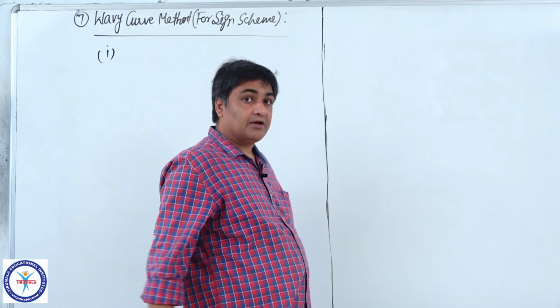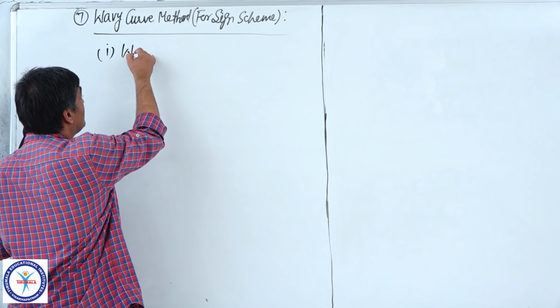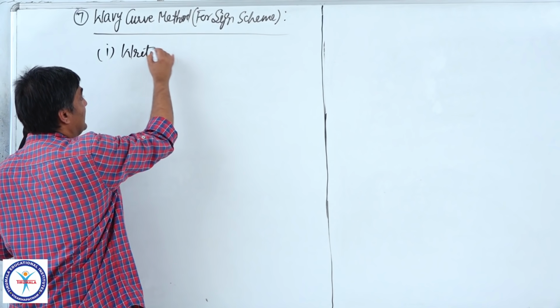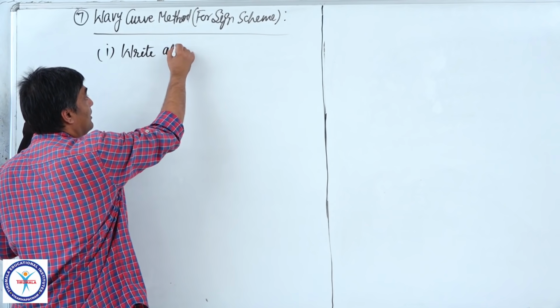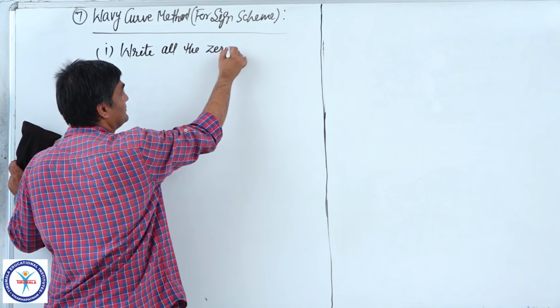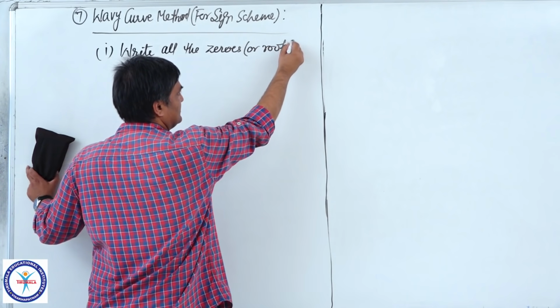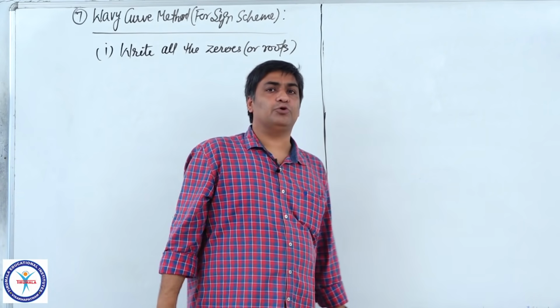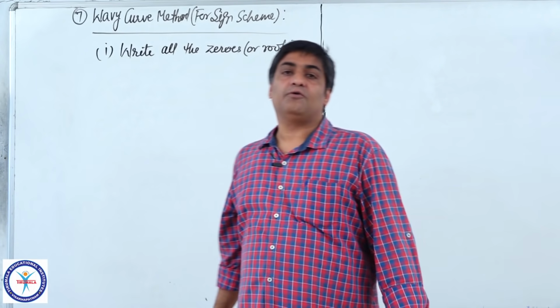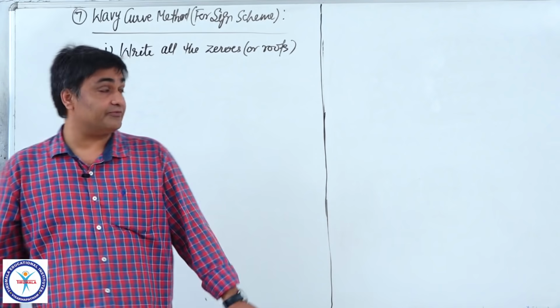Four steps are here. First is, write all the zeros or roots. Zeros of an expression means those values of the variable for which the value of the expression is equal to 0.